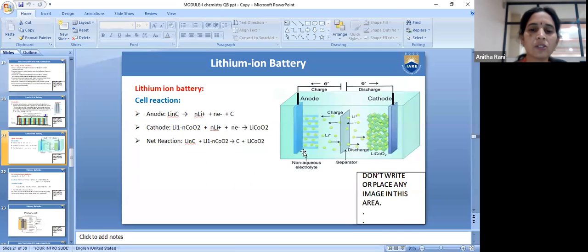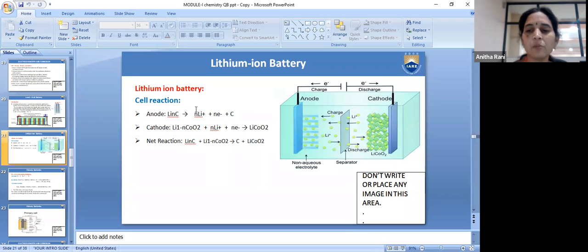We'll take anode and cathode, dip them in the electrolyte, and connect to the voltmeter. Now students, this is the discharging reaction. You have to write the discharging reaction. Here lithium undergoes an oxidation reaction, losing electrons.